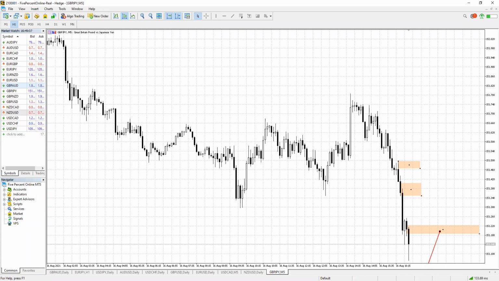Okay, guys, I think we'll wrap up here. We went through the majors and some crosses. We identified some key levels. What we're seeing is a lot of balance in the markets, a lot of ranges. We didn't identify any clear downtrend or uptrend.